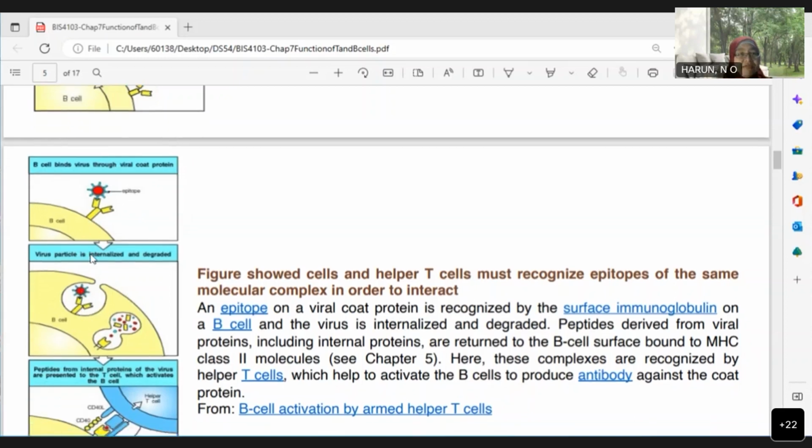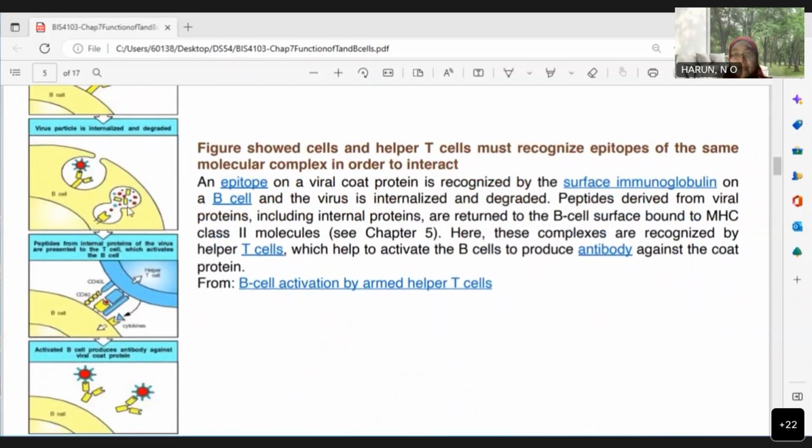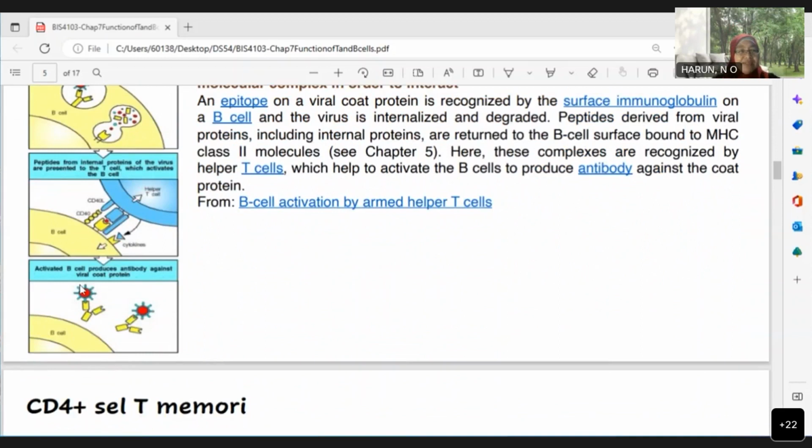This particular virus particle finally is internalized and degraded inside the B cells, and later the peptides that have been crushed into very small particles are presented to the T cells, which activates the B cells. Later the activated B cells produce antibody against the viral coat protein. Then they will be released out from the body system.